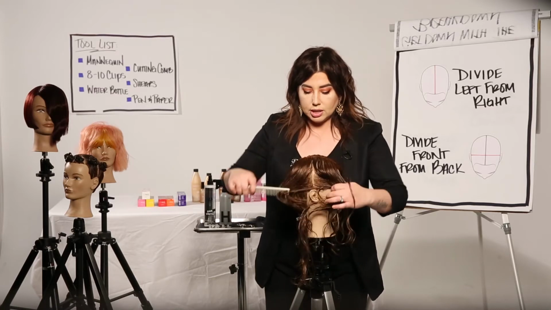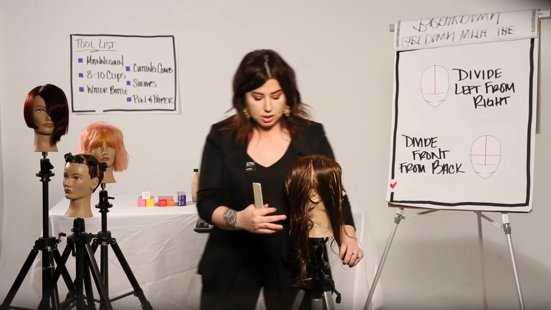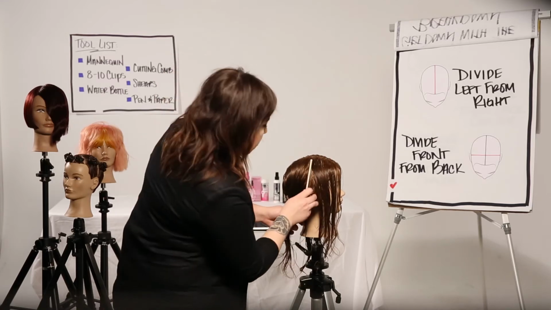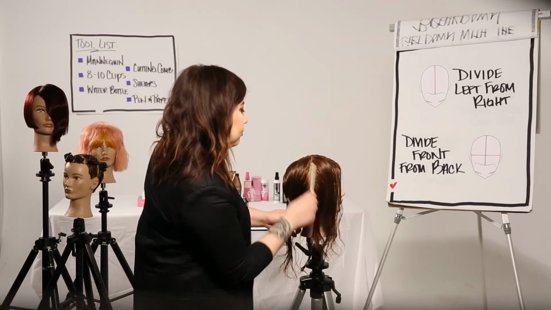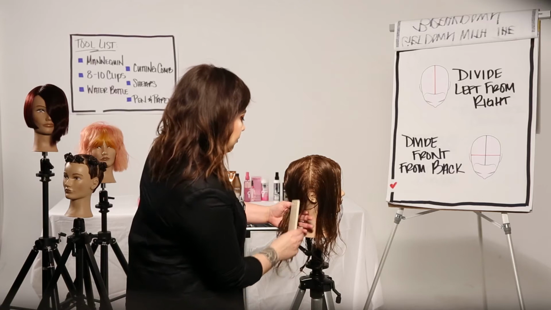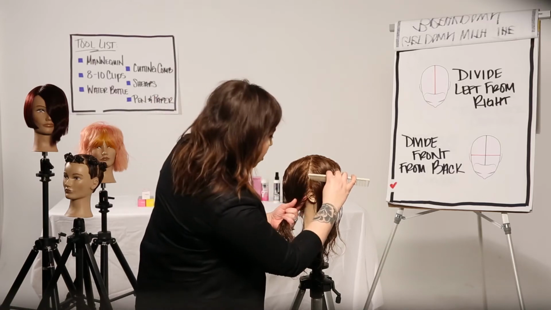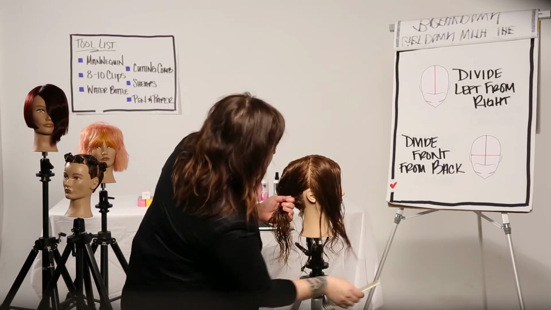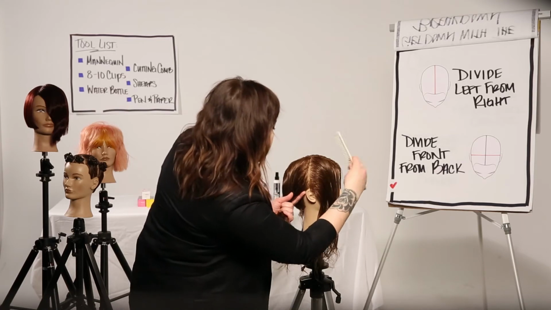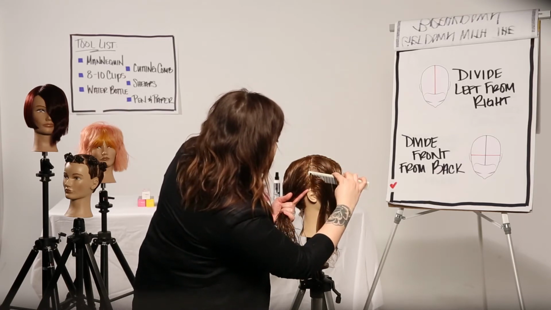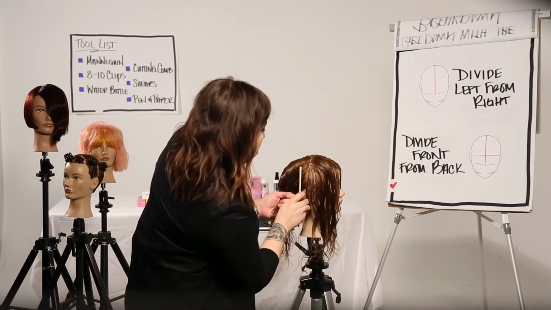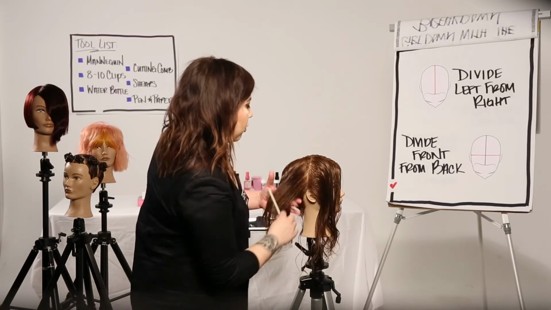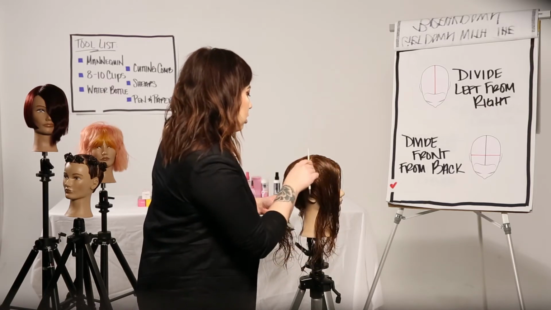Once I have that, again, this is just our rough draft, I'm going to come to the side and make sure that I have a straight line. Get this comb out of the way. And I'm just going to move it ever so slightly. And again, our reference point is the top of the ear.